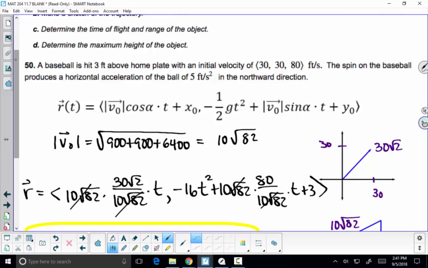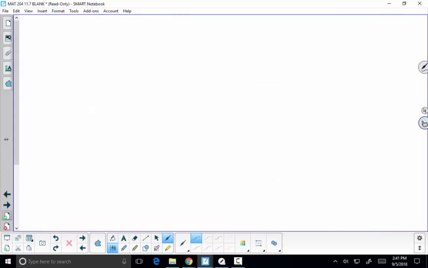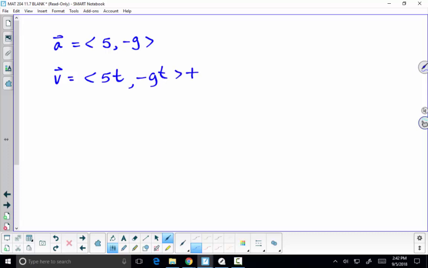But instead of 0, negative g, aren't we dealing with this? Right, that's our initial acceleration. So we're just going to have a modification in the x component. So let's see what happens. Let's just integrate real quick. So we're going to get 5t minus gt plus our initial velocity.